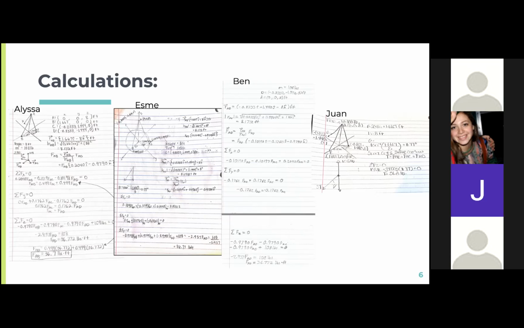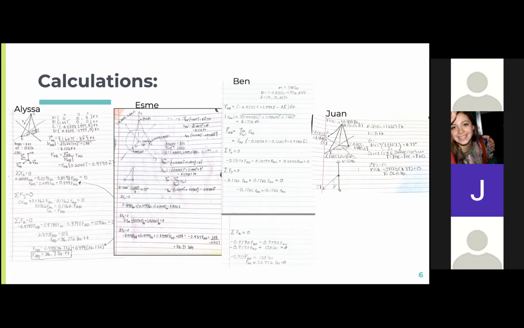Similarly, I was responsible for the next chain, which was A to D, where I took the position vector and divided it by its magnitude to get a unit vector. My unit vector was negative 0.10198 i hat minus 0.1762 j hat minus 0.979 k hat.